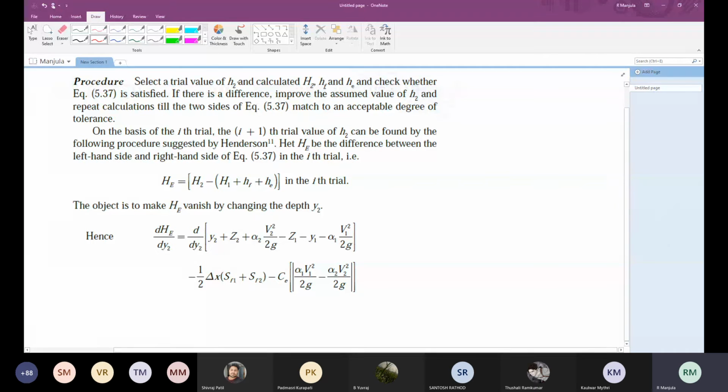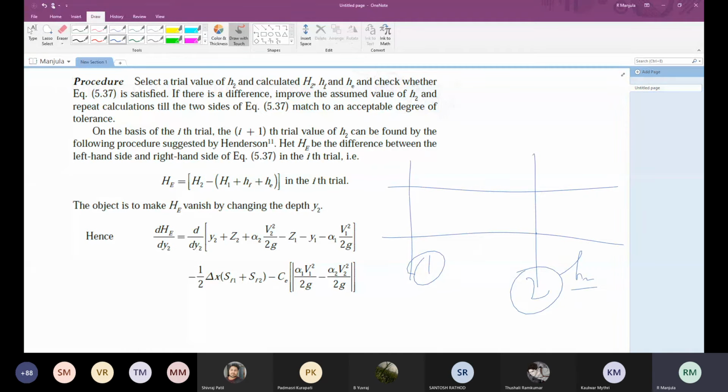Now you have to select a trial value. How is it going to be done? For section 1 and section 2, select a trial value of h2 and calculate your capital H2 after finding HF and HE. You know what HF and HE are, find them out and then find your capital H2. Check whether the equation is satisfied or not. What is that equation?